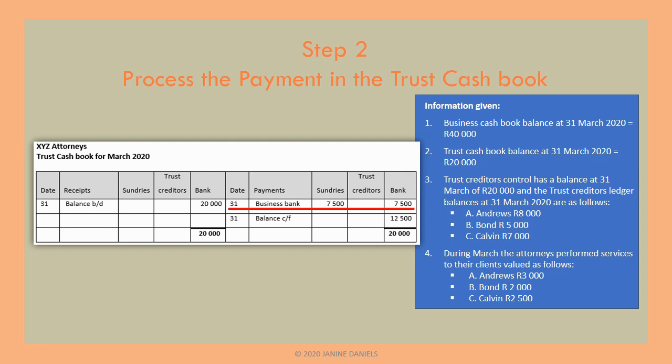Altogether, this is 7,500 Rand. Take note, the entries are recorded in the sundries and bank columns, and as a description, in order to indicate where the money is going, we write business bank. Since there was an opening balance of 20,000 Rand and 7,500 Rand is transferred out of the trust account, the new balance is 12,500 Rand.